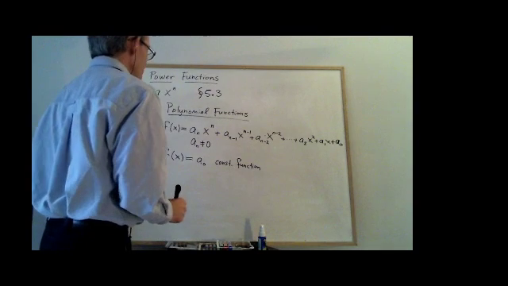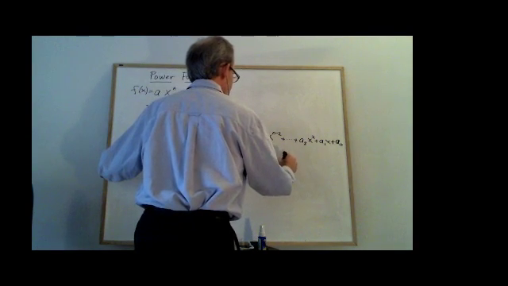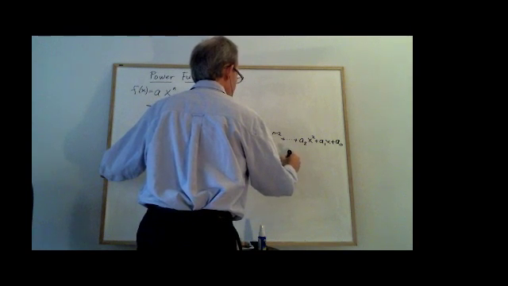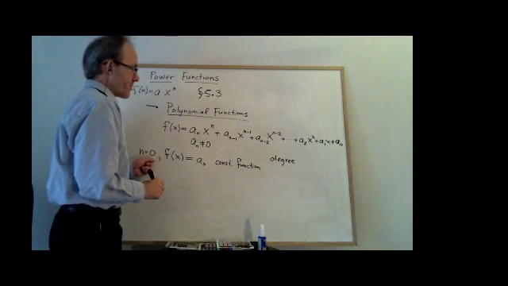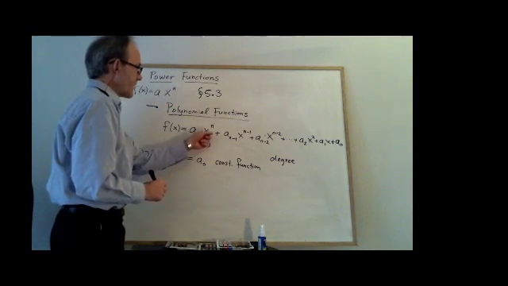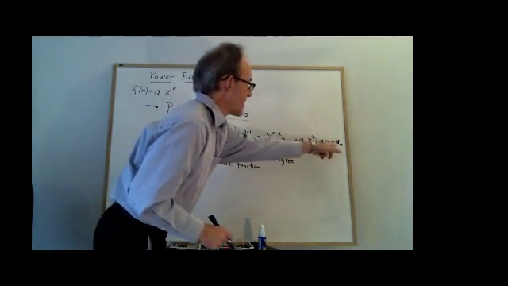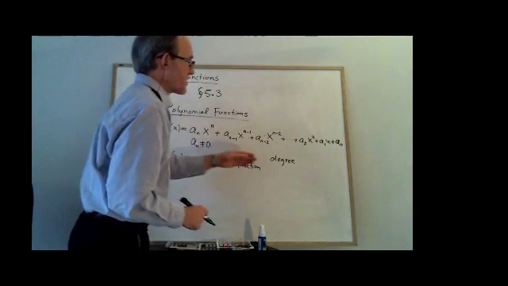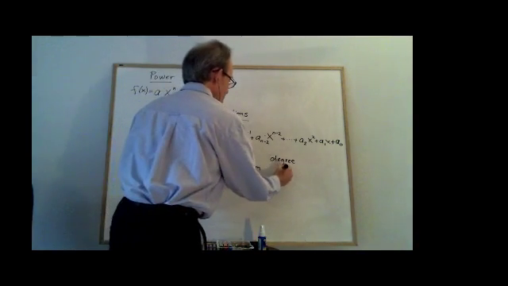Now for each of these I'm going to give the degree. The degree is the power of the leading coefficient. In this case, all of these are 0, and so you'll get degree is 0.